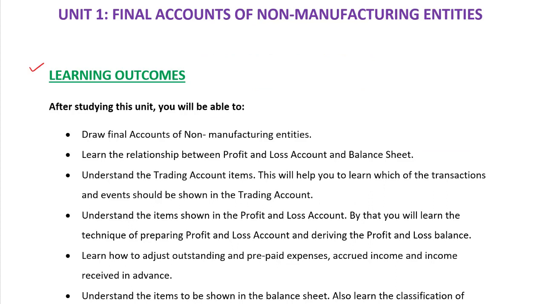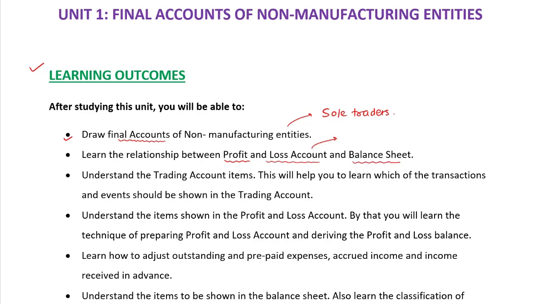Let us see the learning objectives. After studying this unit, you will be able to draw final accounts of non-manufacturing entities, sole traders, and learn the relationship between profit and loss account and balance sheet.